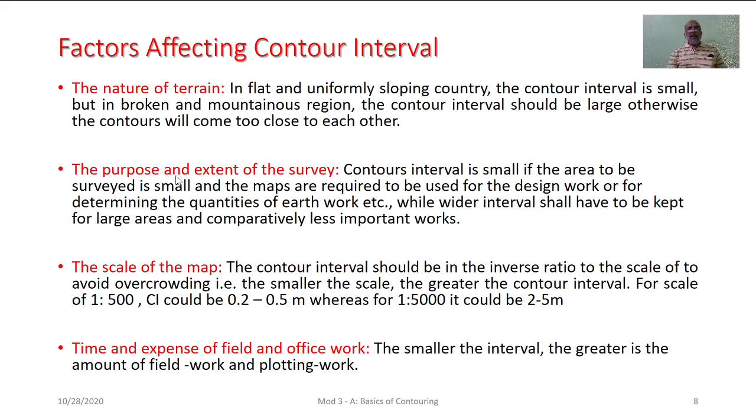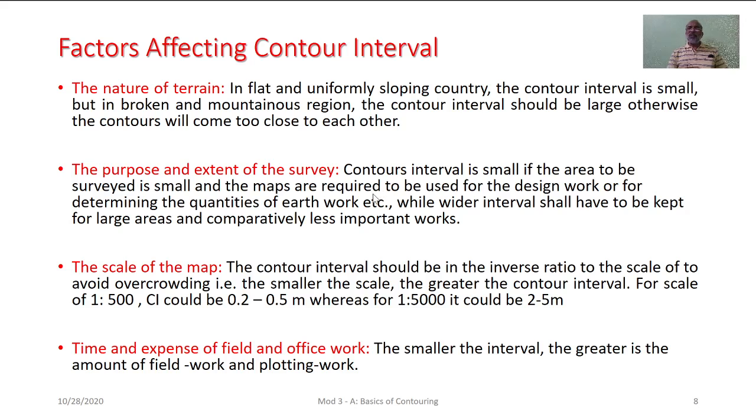The second factor is purpose and extent of the survey. One common consideration: these particular contours are imaginary lines that we have to obtain. That means in order to obtain them, we have to spend money and use resources, and then we will have that particular contour map.